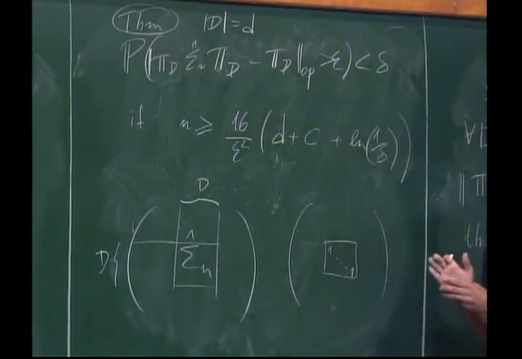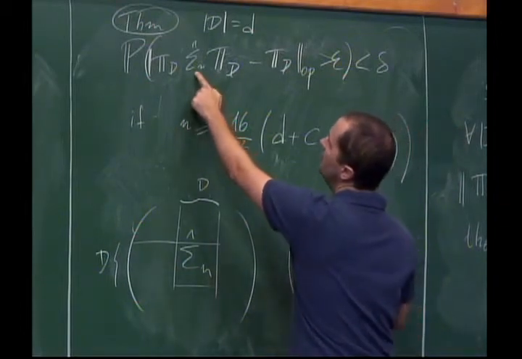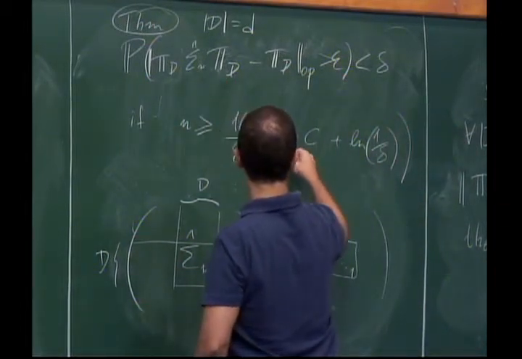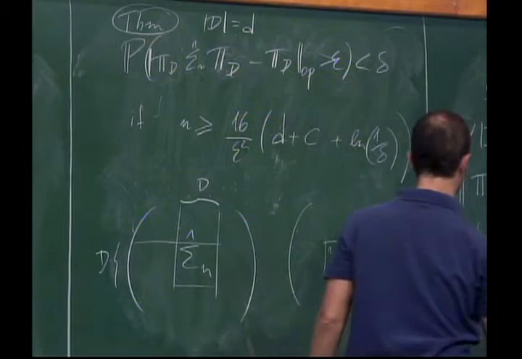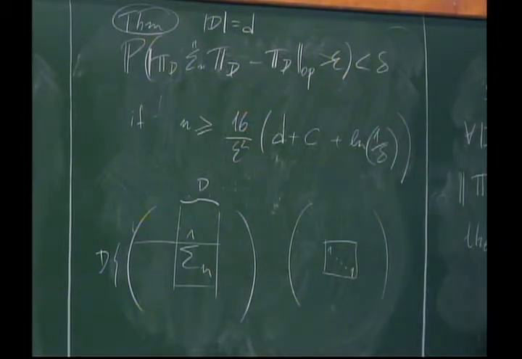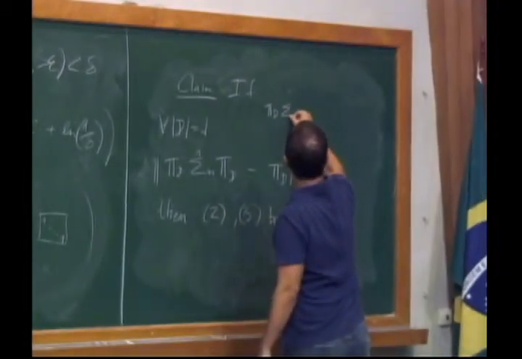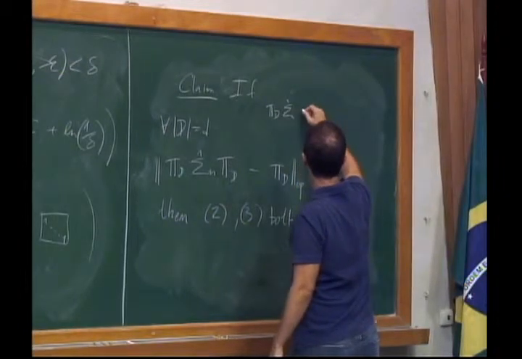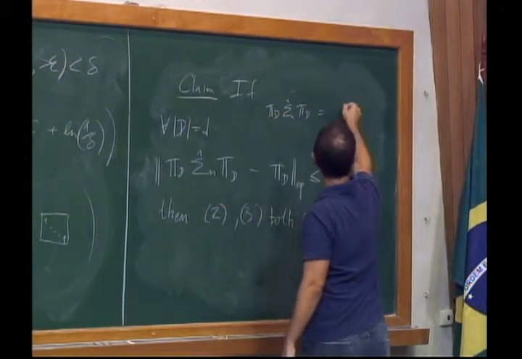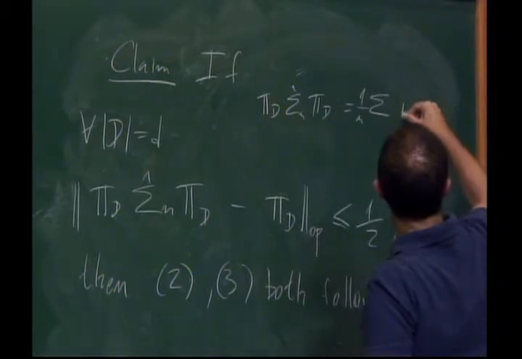So it's a D-dimensional problem, but of the same nature. So if you look here, what is this matrix like? Pi D sigma hat n pi D is just a sum of this form.